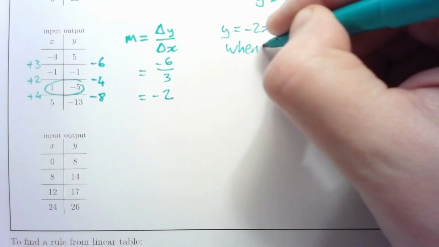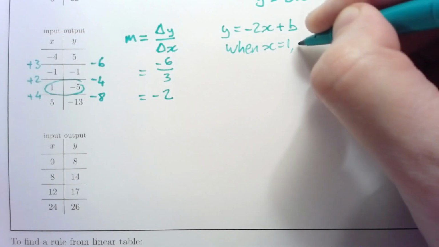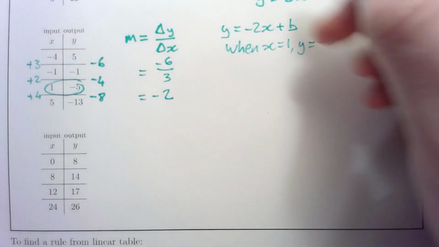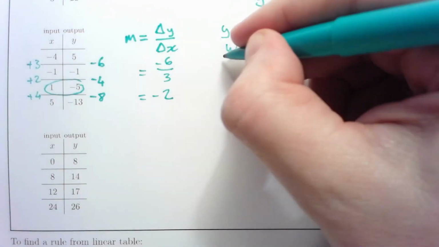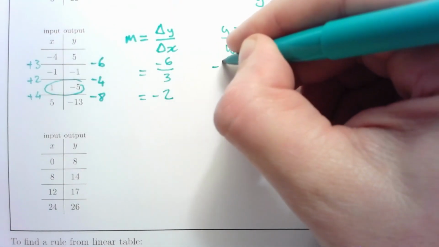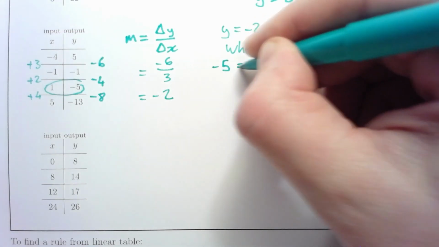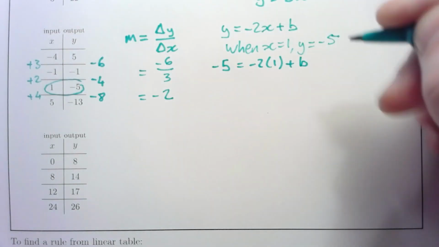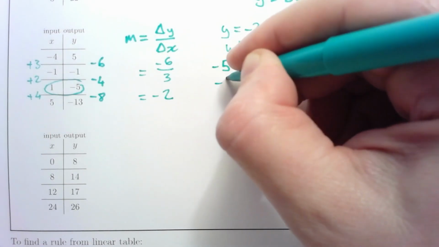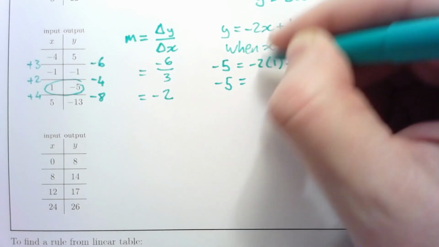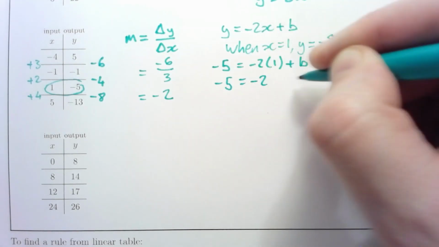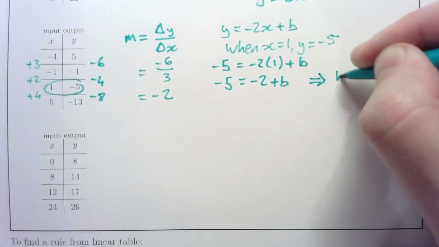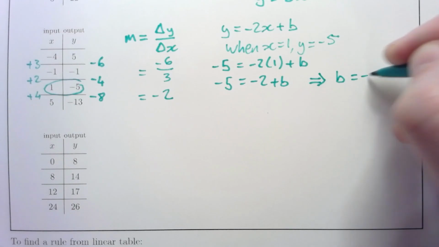So when x equals 1, y is -5. So substituting these values into our rule, at least the amount of rule we have so far, -5 is equal to -2 times 1 plus b. Or to evaluate this multiplication here, -5 is -2 plus b. The only way that works is if b is -3.